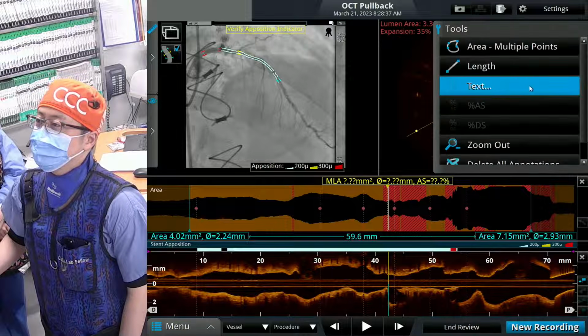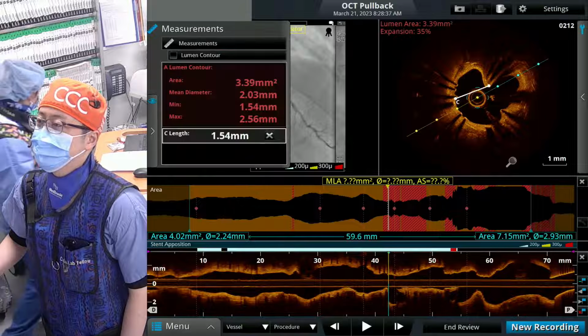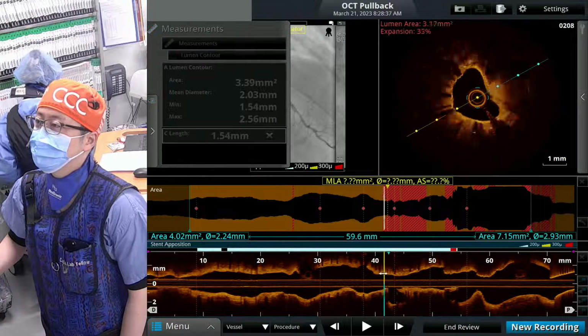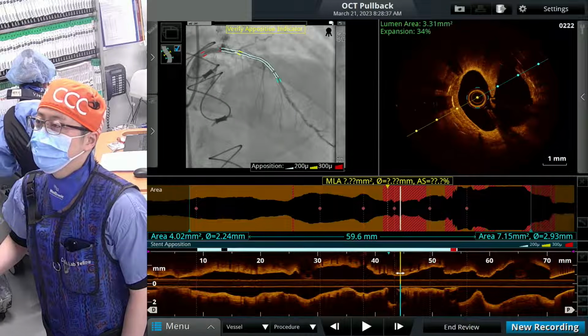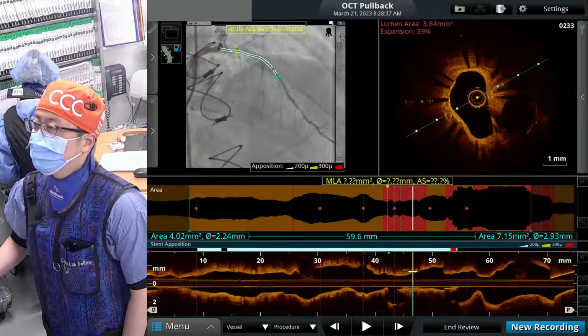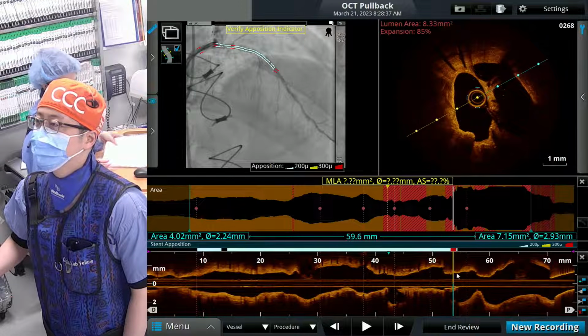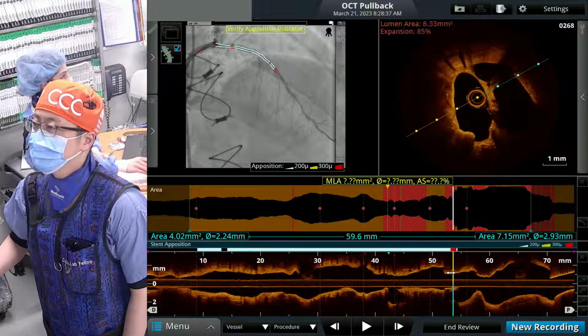There you see stent in the diagonal, stent in the LAD, just a short axis like 1.5, like underexpanded. And I can also see the calcium behind the stent. Maybe come to the proximal LAD. There's also the 1.5, second 1.5 lumen.